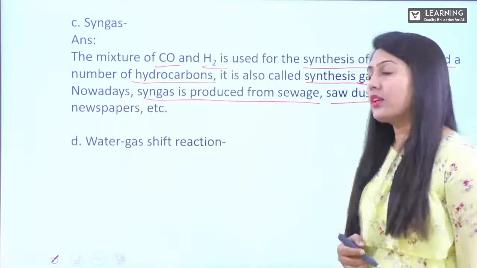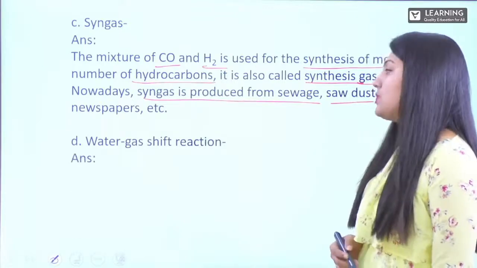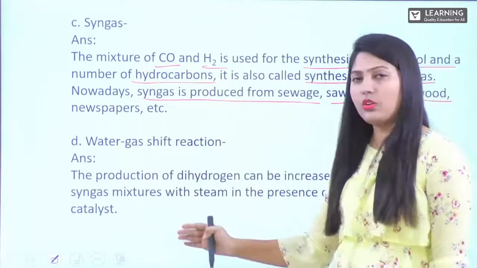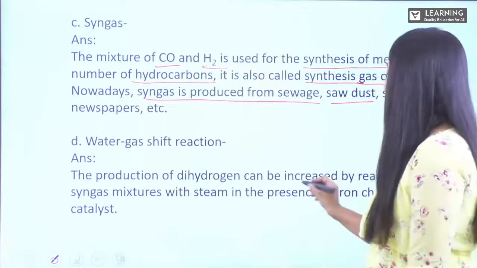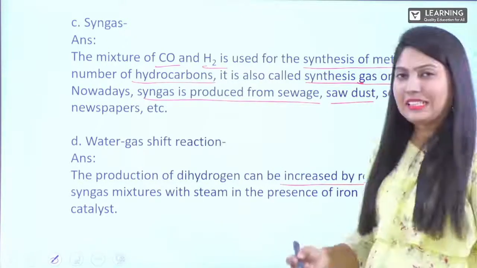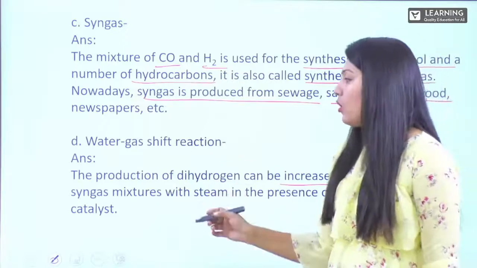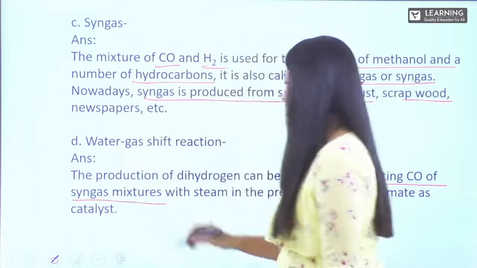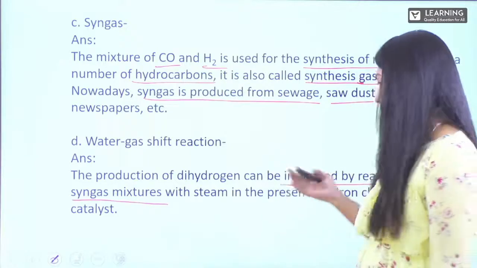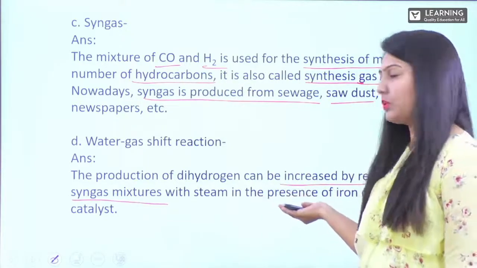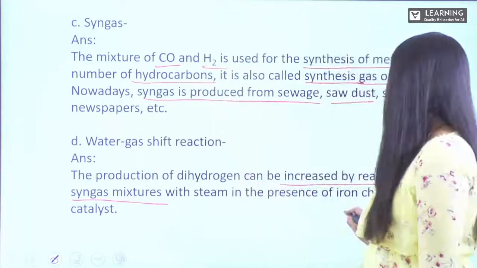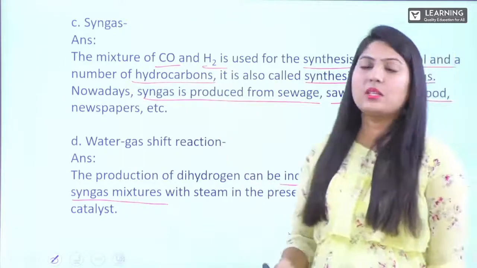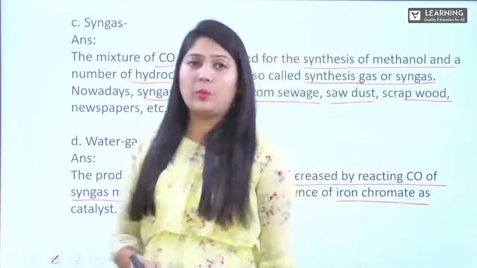What do you mean by water gas shift reaction? So here we have the production of dihydrogen. The production of dihydrogen can be increased by reacting carbon monoxide of the syngas mixture with steam, as we have just studied. So what happens? The carbon monoxide reacts again with water to produce hydrogen in the presence of iron chromate.